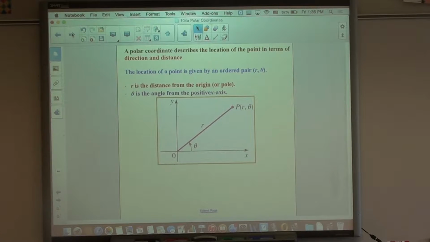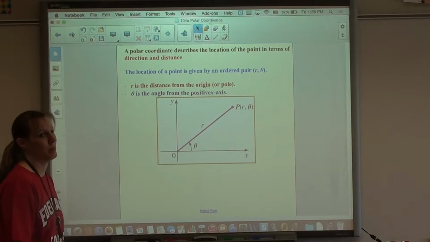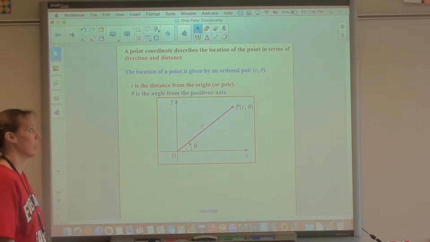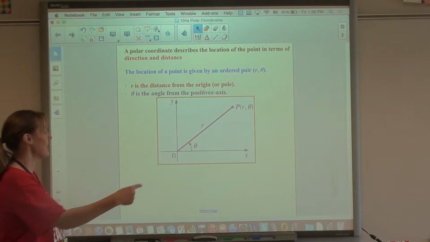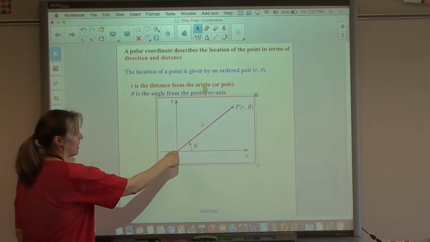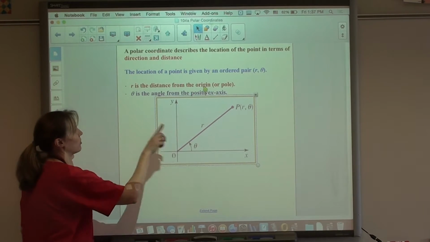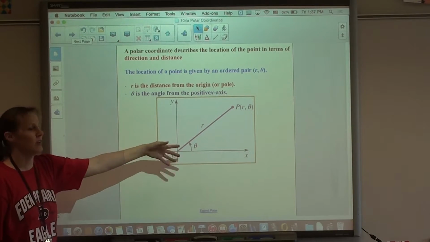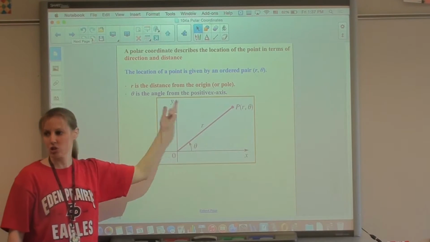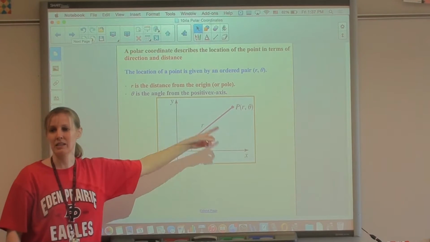Think of it like the North Pole, and then everything goes away from the pole. And then theta is the angle, it's just like normal, exactly the same as on the unit circle.